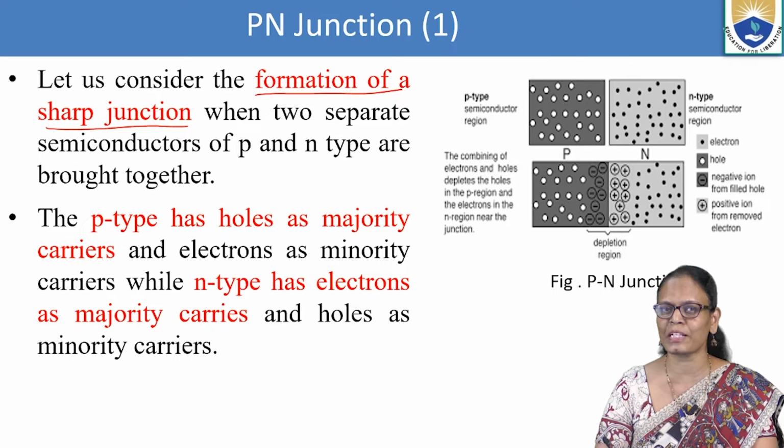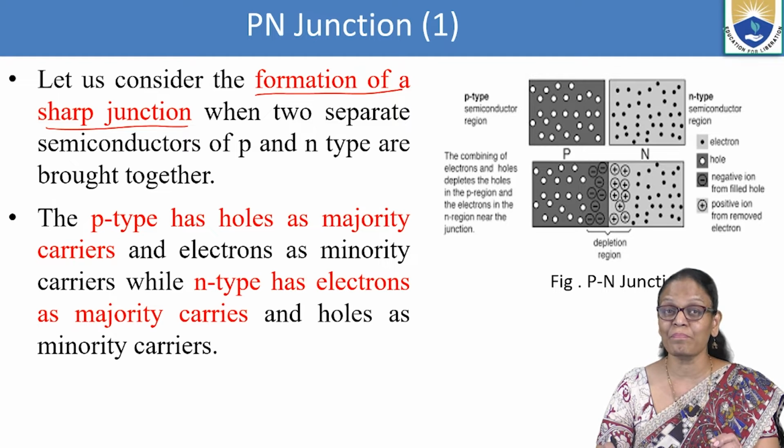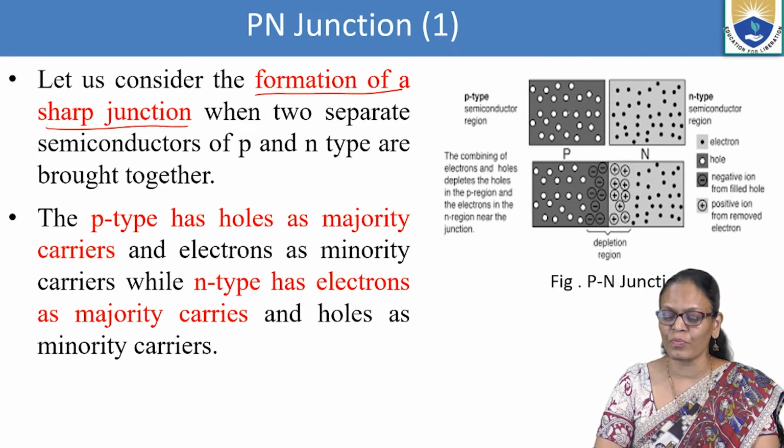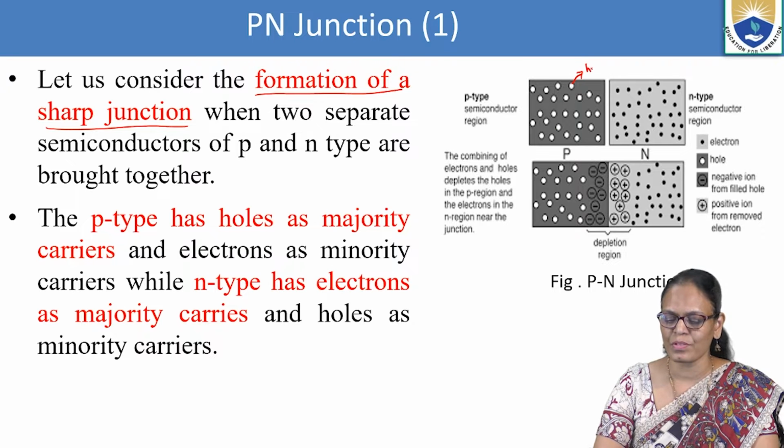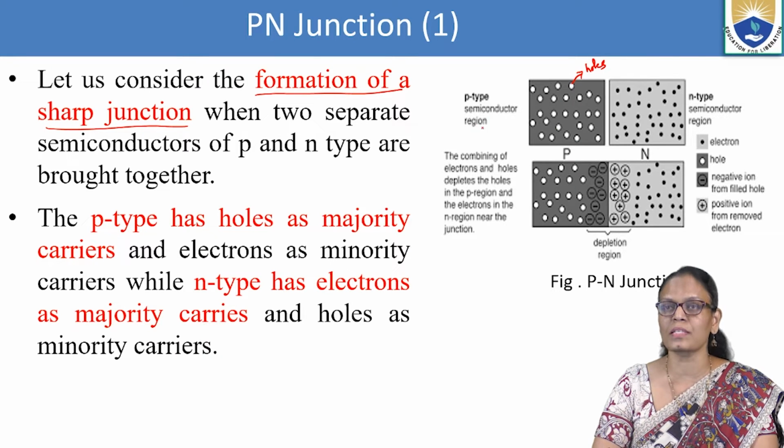In a P-type semiconductor, the majority carriers are holes. The white dots here denote the holes. So in P-type, holes are the majority carriers and electrons are the minority carriers.